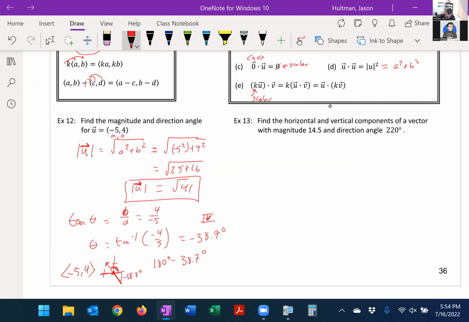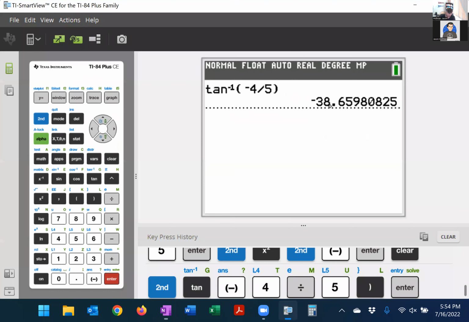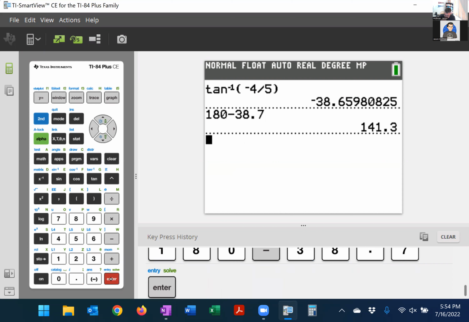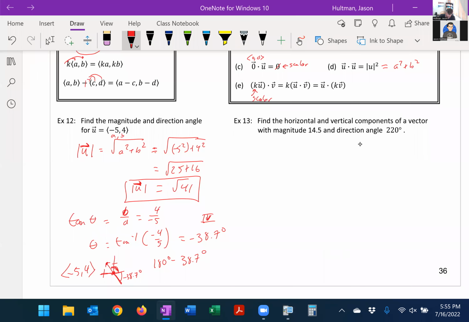That is 141.3. So theta is 141.3 degrees. It does matter which quadrant we're in, and we can find that by just looking at the components.